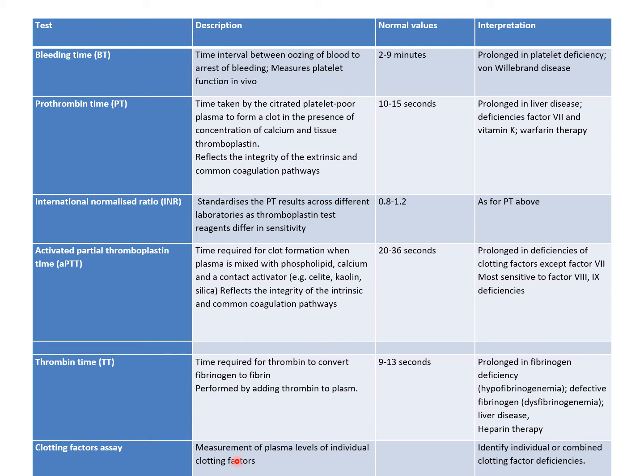Similarly, low factor 9 levels would be indicative of Christmas disease. So you can read more about these to understand the description, normal values, and interpretations of different blood tests which are used to evaluate hemostasis.